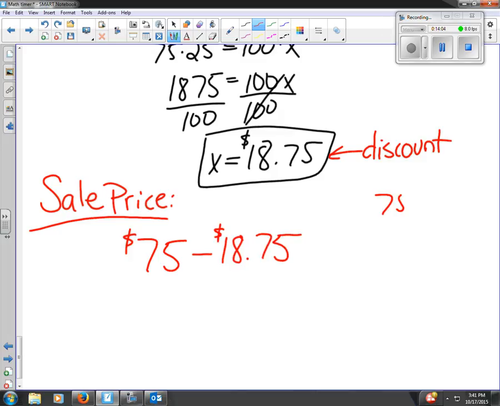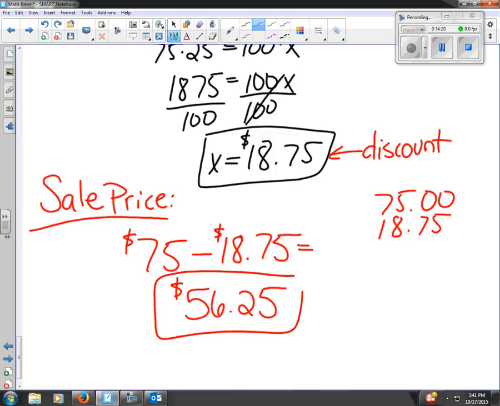And don't forget, line up your decimals or you're going to get the wrong answer. So $75 subtract 18.75, and you get the video game is $56.25. That's how much the sale price would be.